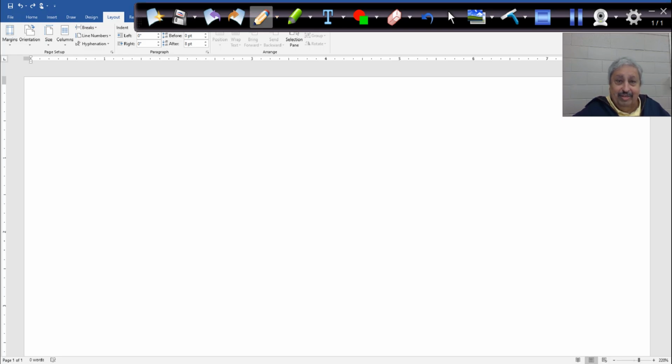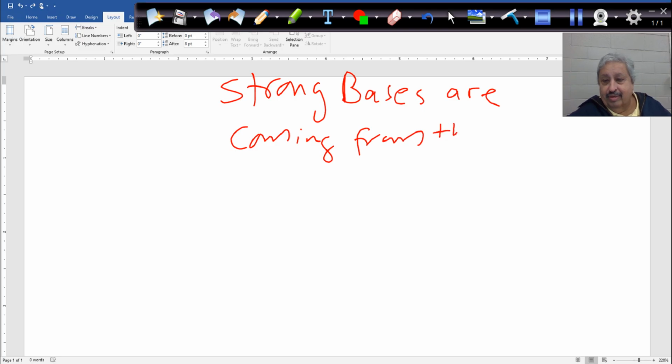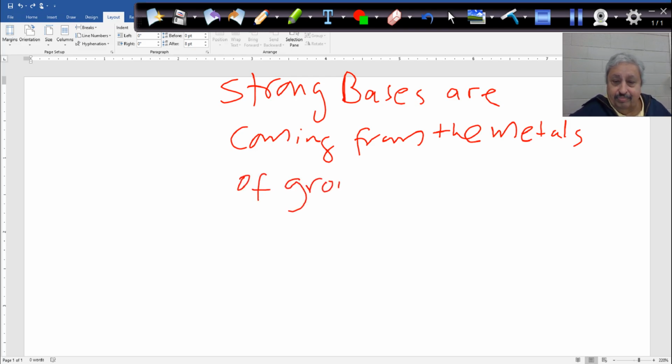So strong bases are coming from the metals of group 1 or 1A and 2 or 2A.